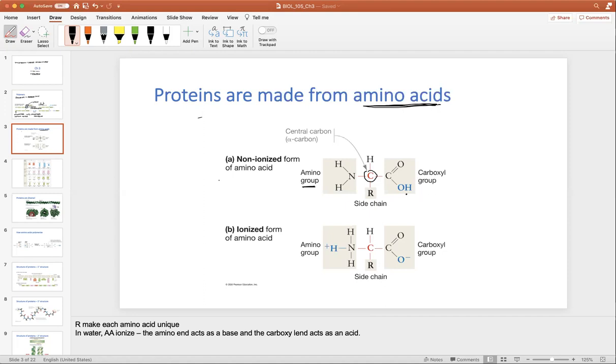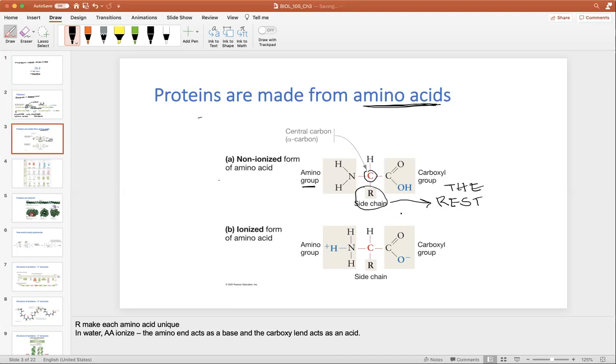OH and hydroxyl mean the same thing, okay? So this is like a prototype of what an amino acid looks like. Now you're probably wondering what the heck this R is here. And R is literally a chemical shorthand for the rest of the molecule, okay? The rest.